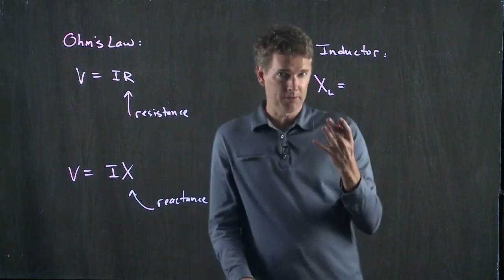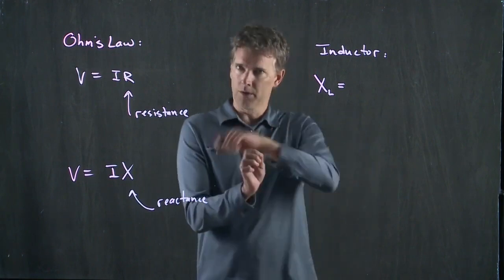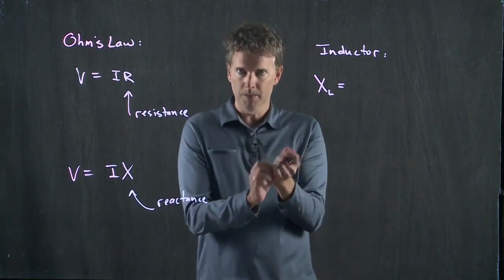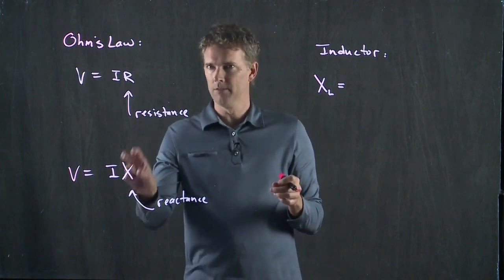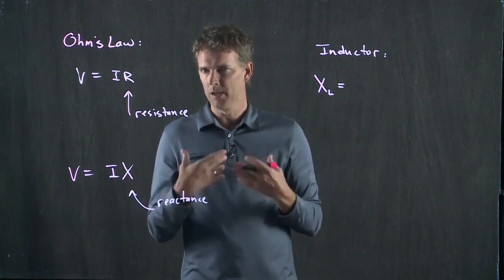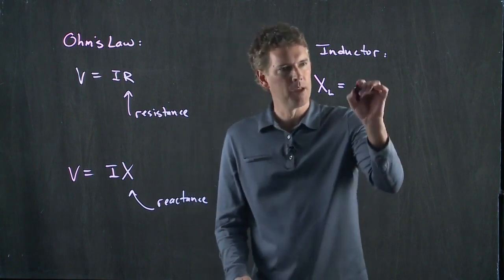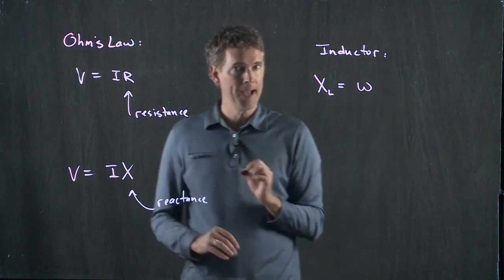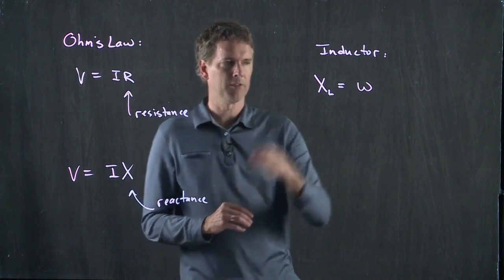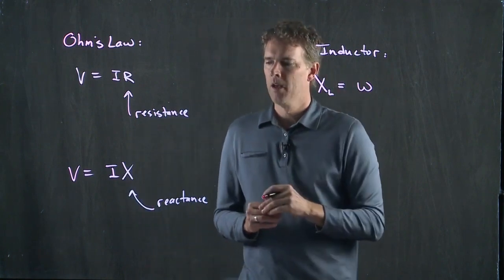But we know that has to go like omega, right? If I try to move the current back and forth very quickly, then the effective reactance has to go up. It's going to impede that motion. So there has to be an omega in there, right? It has to go linearly with omega.